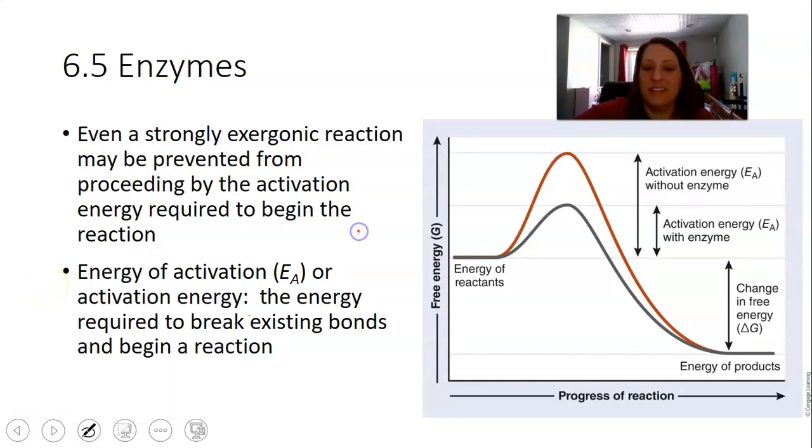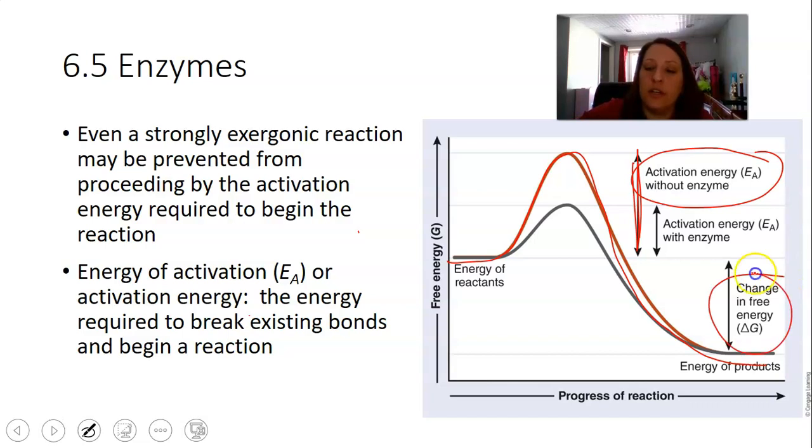Okay, so in red, again, I'm just going to trace over it. That's the reaction profile for this reaction without an enzyme. So if we look at this line right here, this is the activation energy, the E of A, without the enzyme present. Okay, notice here, the free energy change, the delta G, is negative, right?